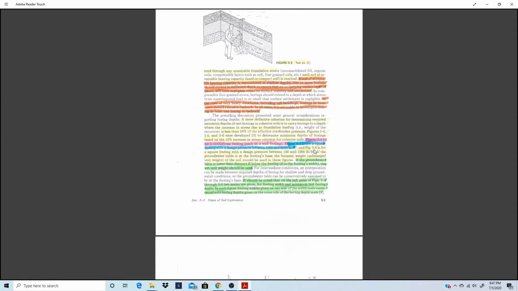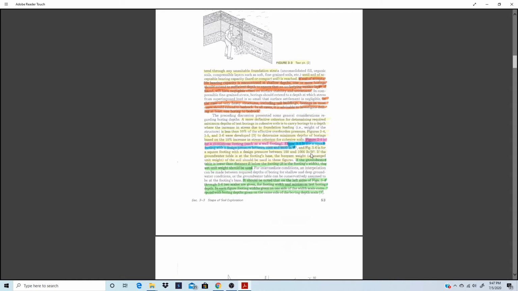For lower pressure footings, you might have 100 to 1,000. A lot of times when we're doing concrete, like a concrete slab to put a building on, you're typically looking at 3,000 pounds per square foot. That's for a prefab building, just to give you an idea.